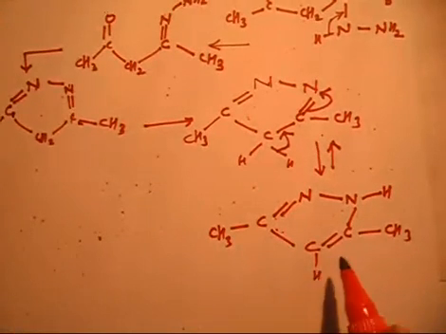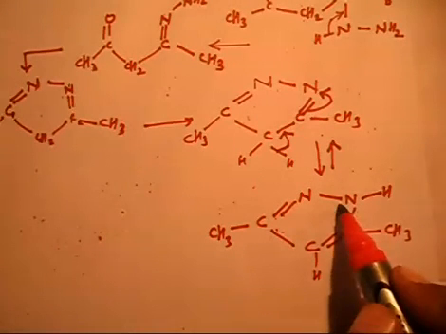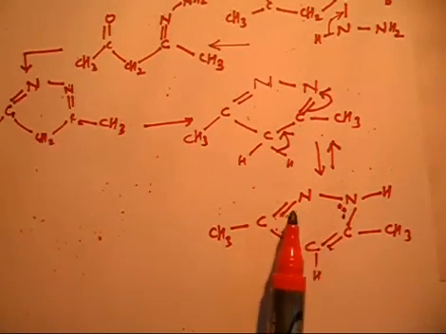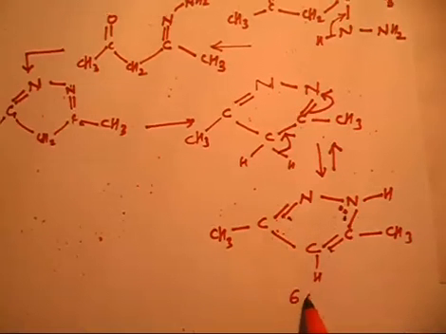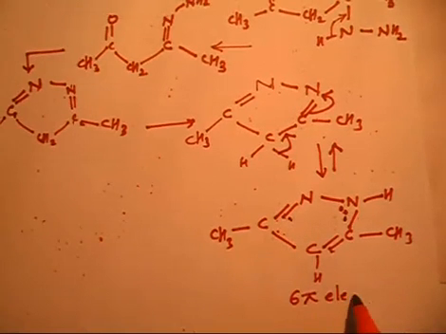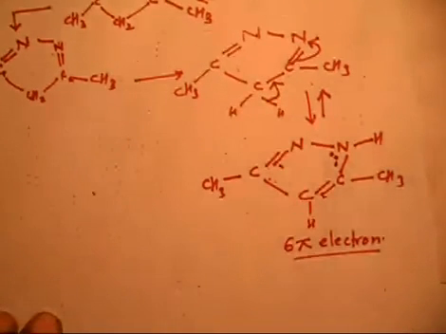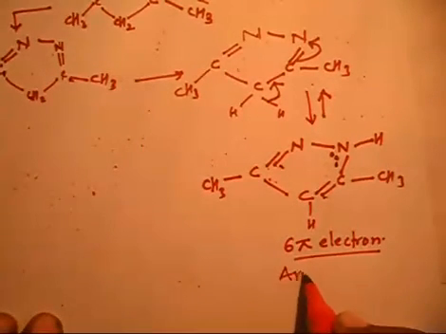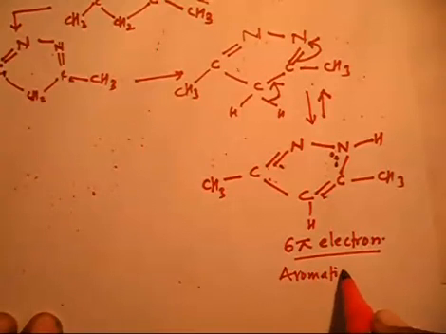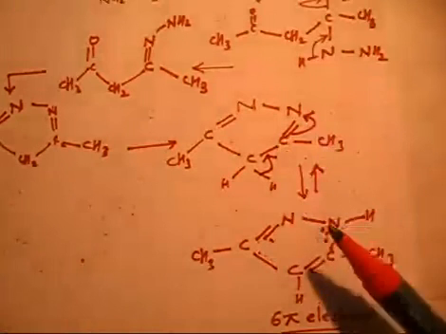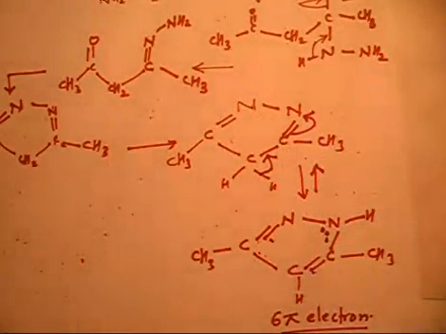This compound will be more stable because of this one lone pair, this double bond and this double bond. So 2 pi electrons, one lone pair, and this 2. So this compound will have 6 pi electrons, and once this compound has 6 pi electrons, it becomes aromatic. And from this step to this step, aromaticity is the driving force.